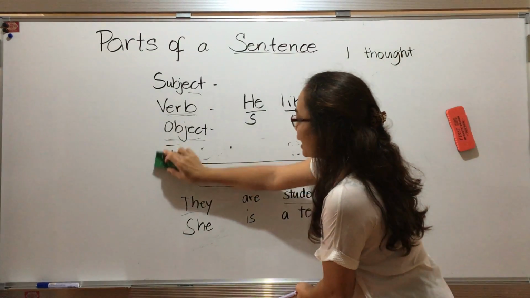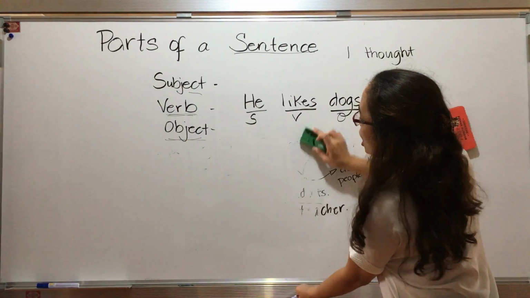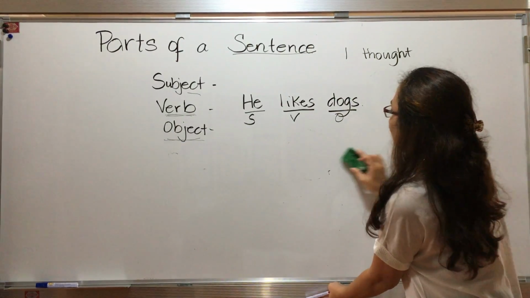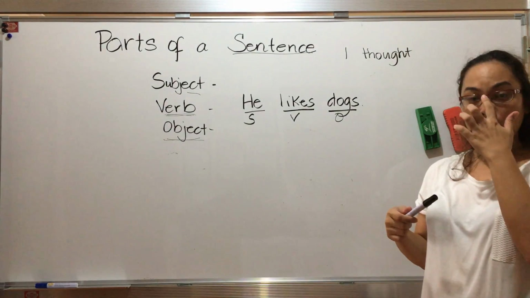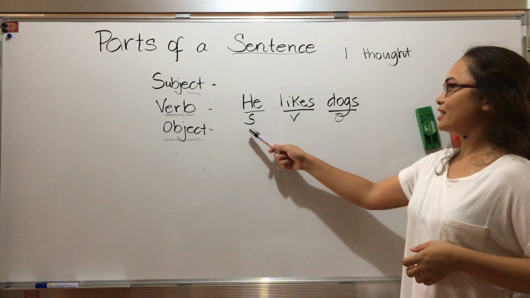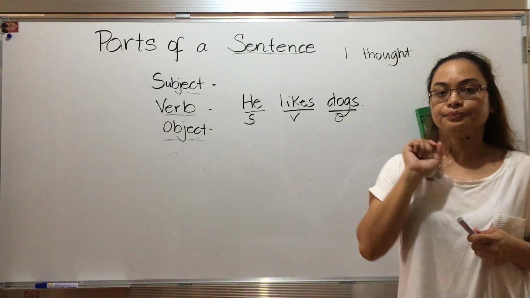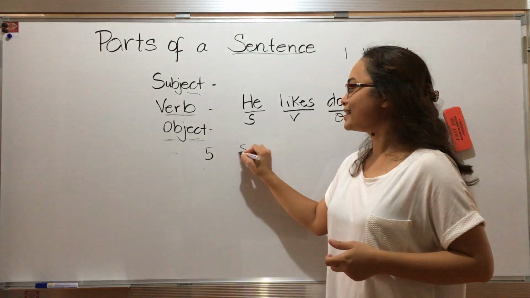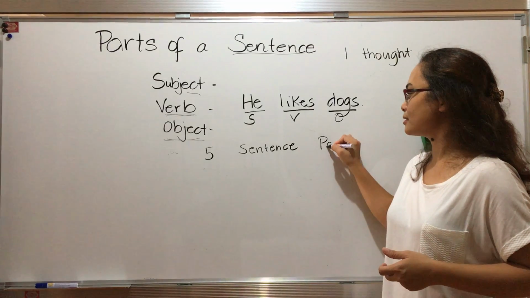Okay? So as a recap, if you can remember, what is the part of sentence? A part of a sentence is usually composed of a subject, the verb, and the object. So this is an example. A sentence is one thought. Okay? We have 5 sentence patterns.